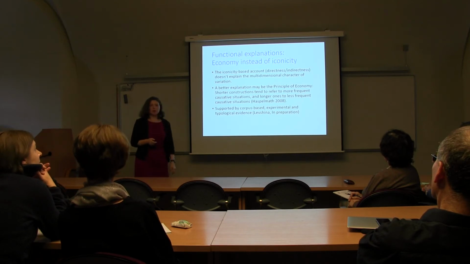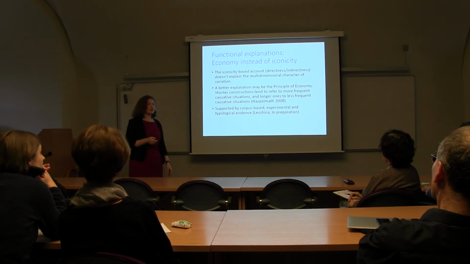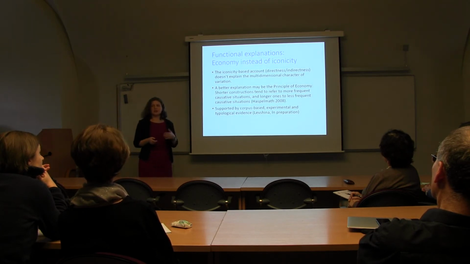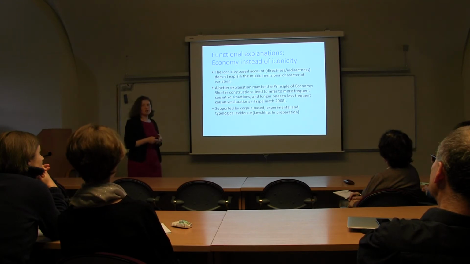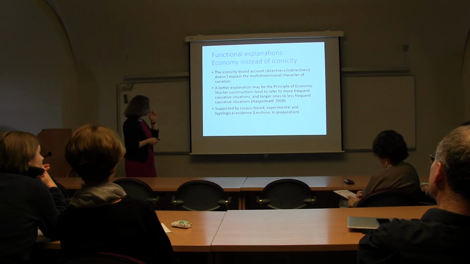So, okay, these results are actually a problem for the iconicity-based account, because it doesn't explain the multidimensional character of this variation. And I think a better explanation would be the principle of economy. Shorter constructions tend to refer to more frequent causative situations, like lexical causatives, and longer ones to less frequent causative situations, sorry.